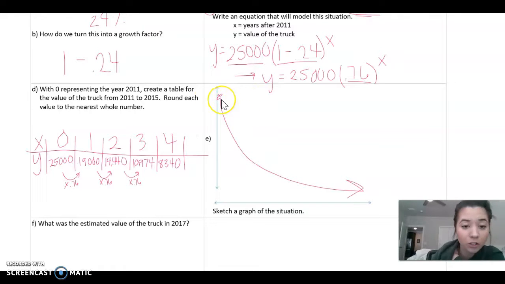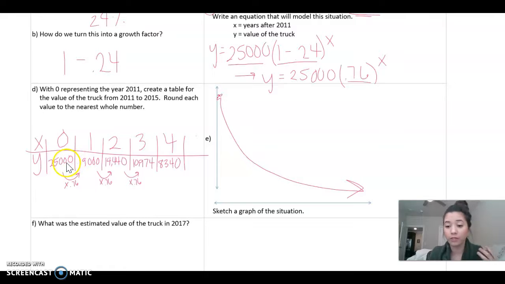So we're starting way up here at 25,000 and then losing our value. Now, you can see that it starts to flatten out and it's not as steep. That's because 24% of 25,000 is a lot larger than 24% of 10,000. And that's why 25 jumps down to $19,000, $6,000.